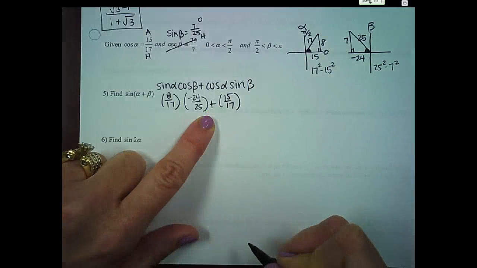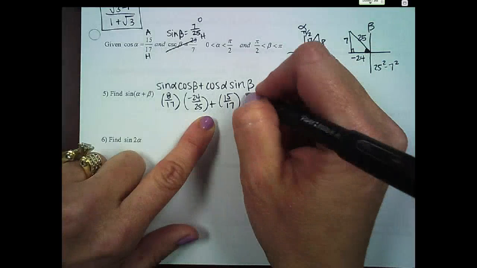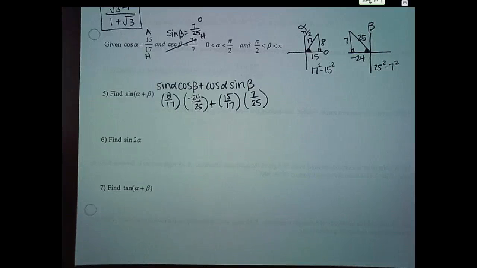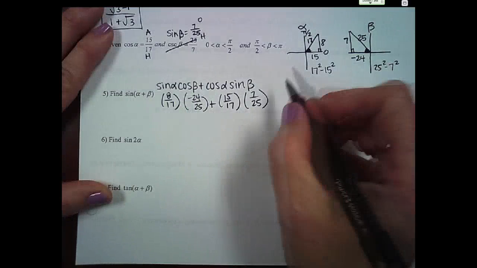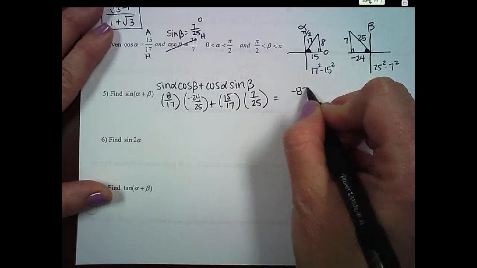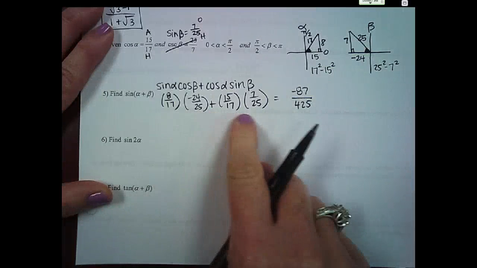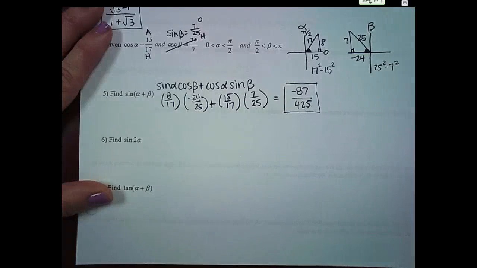I'm going to look at beta to get sine, 7/25. Now these are the problems you can use your calculator for. So just get your calculator, type it straight in. Check it to be sure you're able to do the math, and you should get negative 87 over 425. Some kids get this right, and they still get the answer wrong because they've entered it in their calculator incorrectly. So be careful.